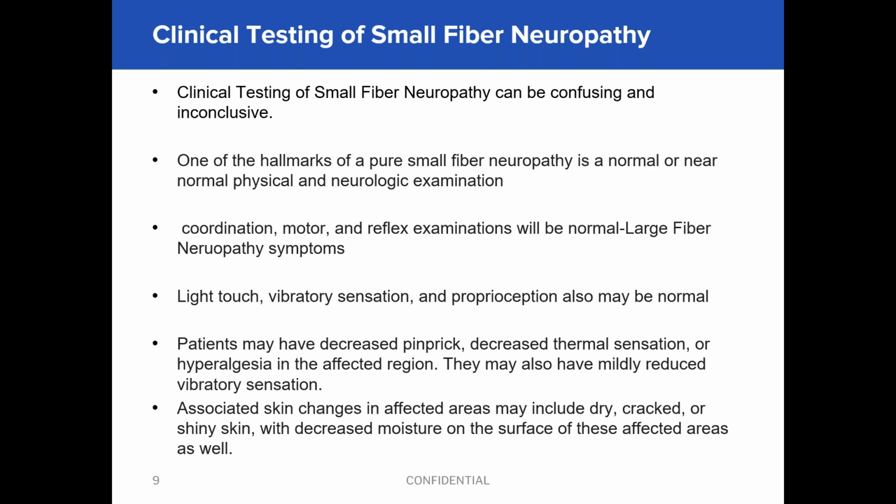They can be very shiny skin, which of course can have a vascular component as well. But you're also looking at decreased moisture on the areas where the patient is experiencing the symptoms they're describing. So skin changes you can kind of depend on. However, none of these are going to give you a 100% diagnosis that yes, this is small fiber neuropathy.